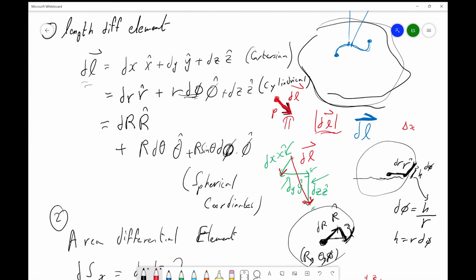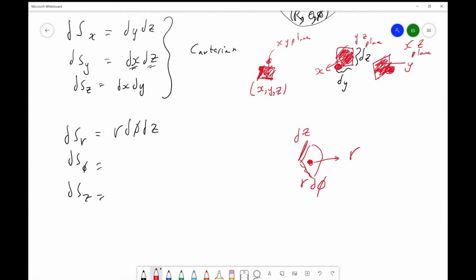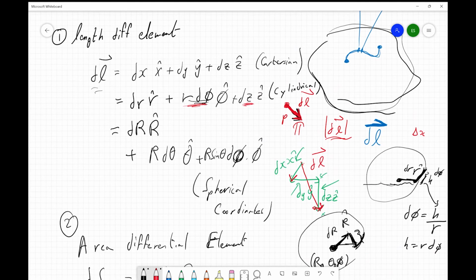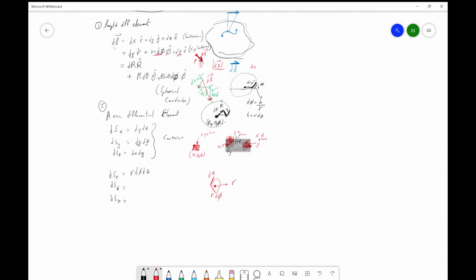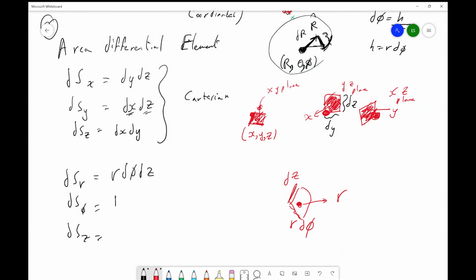Or I could have taken it from dl. I could have said, perpendicular to dr, what's perpendicular to dr? The other two basis vectors, so this and this. So I just take this multiplied by this, instead of doing this drawing. And then ds phi, the surface area that has its face facing in the same direction as phi, I can take from here as this times this. So it's going to be dr dz.